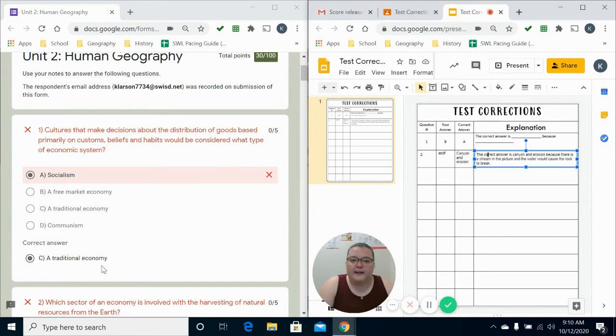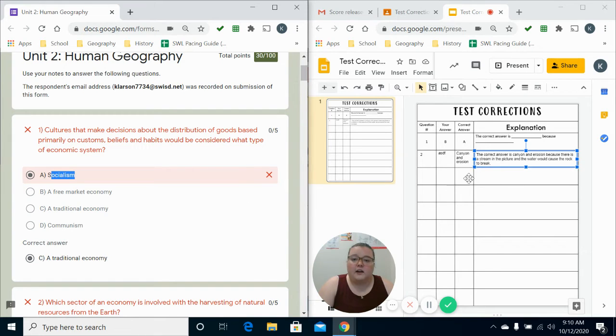So I would write: the correct answer is C, a traditional economy, because a traditional economy is based on customs, beliefs, and habits. Or you could put: the correct answer is C, because socialism, the one that I picked, is where the government owns some, but not all, of the means of production, the goods and services. I need to know why that answer is correct or why that answer is wrong.